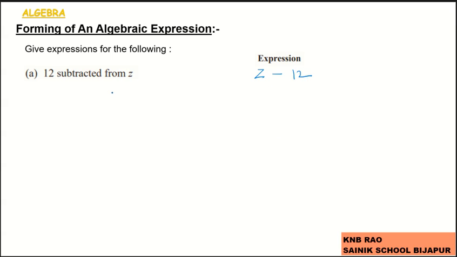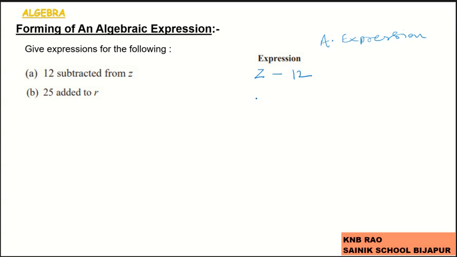Okay. So we need to understand the sentence given in the English language and convert it into mathematical language, which we normally call an algebraic expression. So we'll be able to do it. I am giving the second one: 25 added to r. So both are addends.